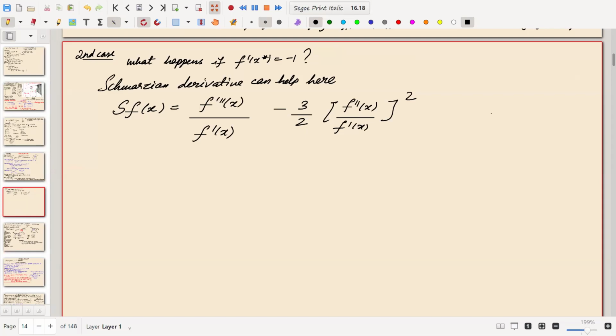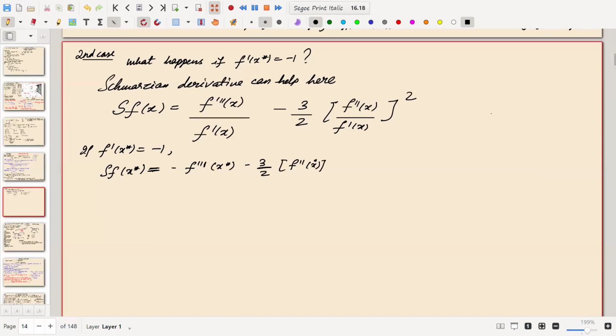Now if f prime at x star is equal to -1, then the Schwarzian derivative of f at x star is equal to minus triple prime at x star minus 3/2 of the double prime squared.